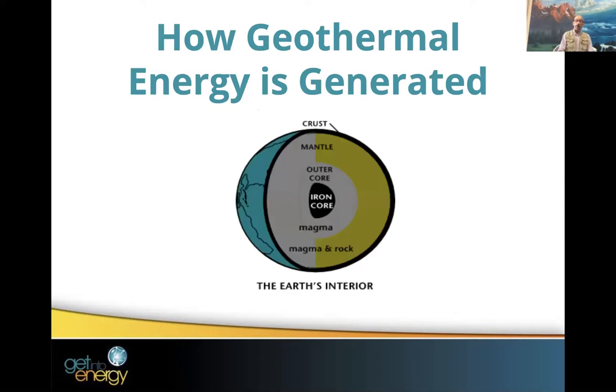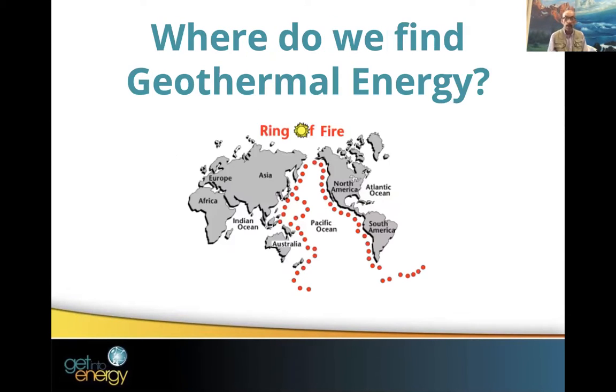How geothermal energy is generated. As you look at the structure of our planet, you see the crust and then the mantle, the outer core, and the inner core. Now, in the mantle, that magma is super hot, and that is just beneath the crust. Where do we find geothermal energy?